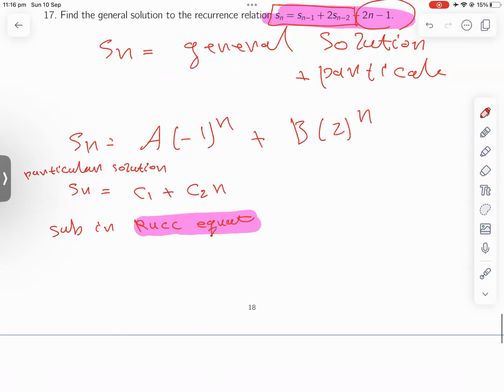It will be C1 plus C2n equals C1 plus C2 times n minus 1, because it is S sub n minus 1, plus 2 times C1 plus C2 times n minus 2, plus 2n minus 1.